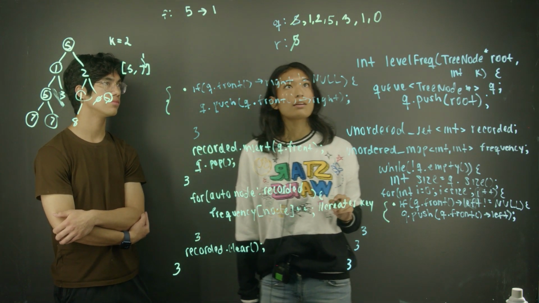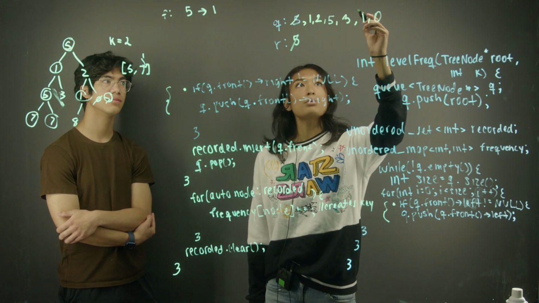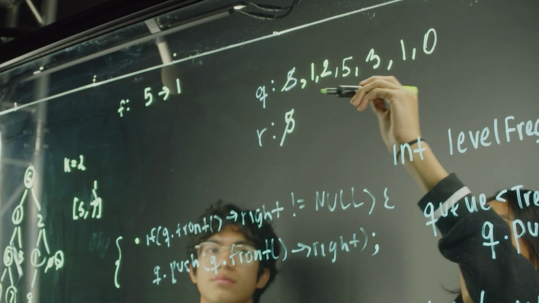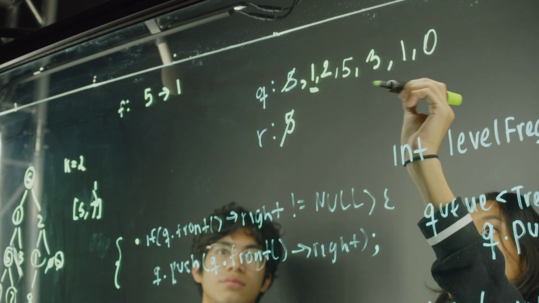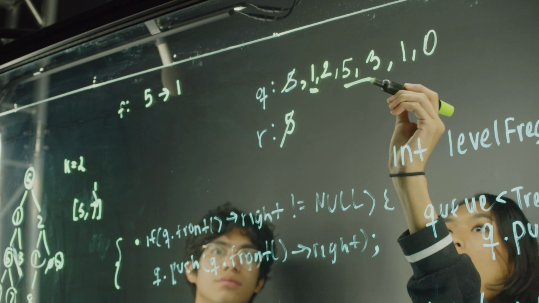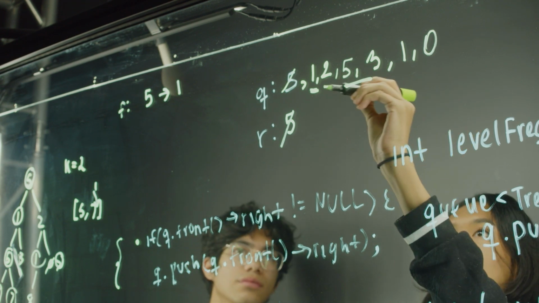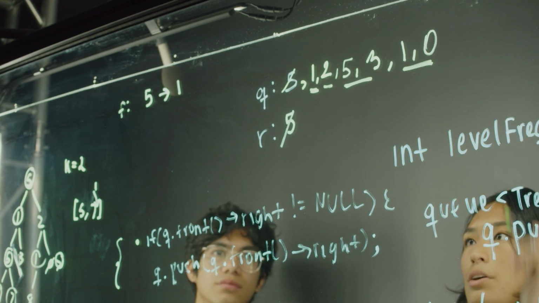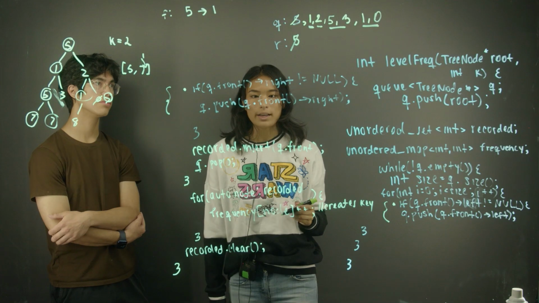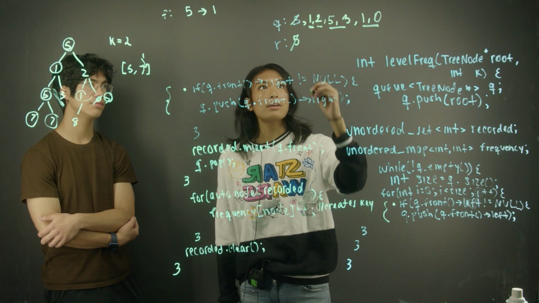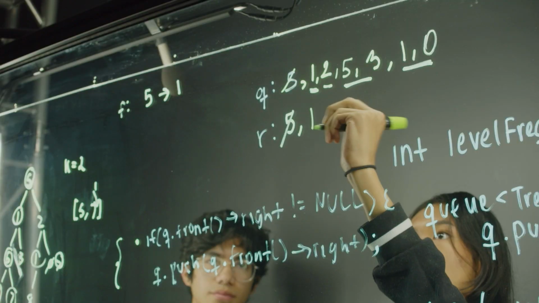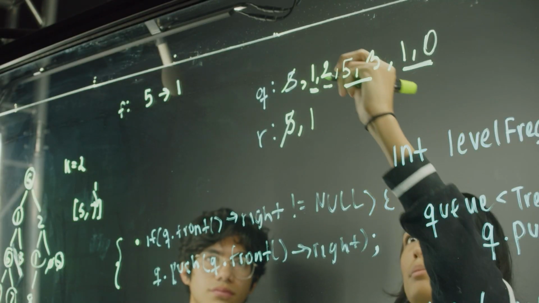Okay. And this is a little pretty quick, but right now I'm focusing on 1. And 1's children will be 5 and 3. And then I will do 2, which will be 1 and 0. Okay, so I'm going to put that in recorded. So that will be 1. Then I'm going to pop that from the queue.